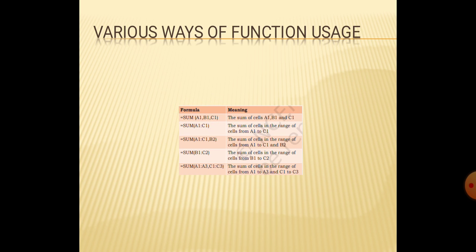The next one is giving the range A1 to C1. It will calculate the A1 value, B1 value and then C1 value. The next one is the sum function of A1 to C1 and B2. It will calculate A1, B1, C1 and also the B2 value.